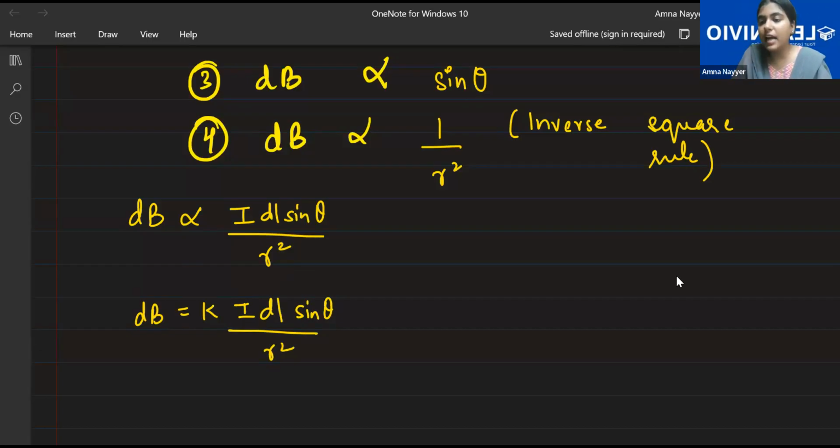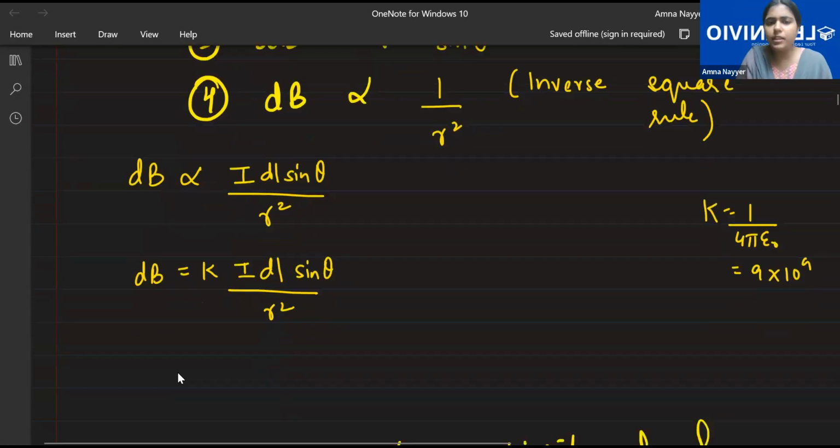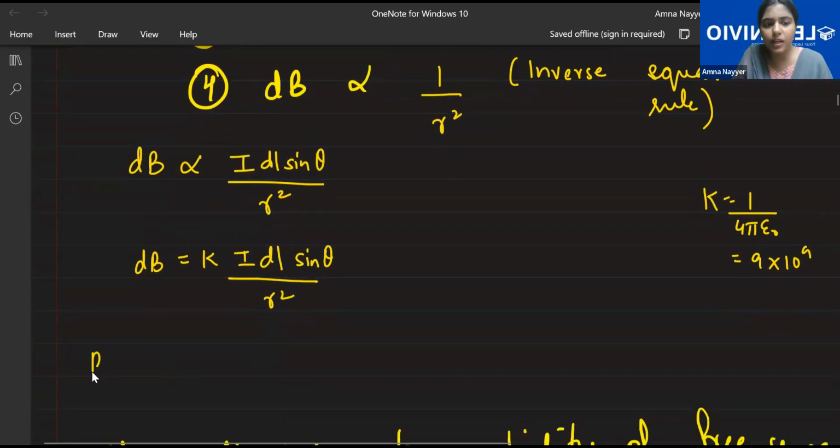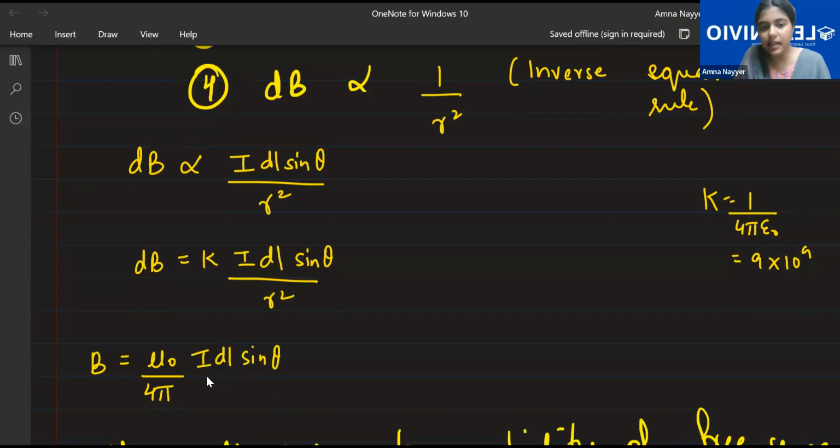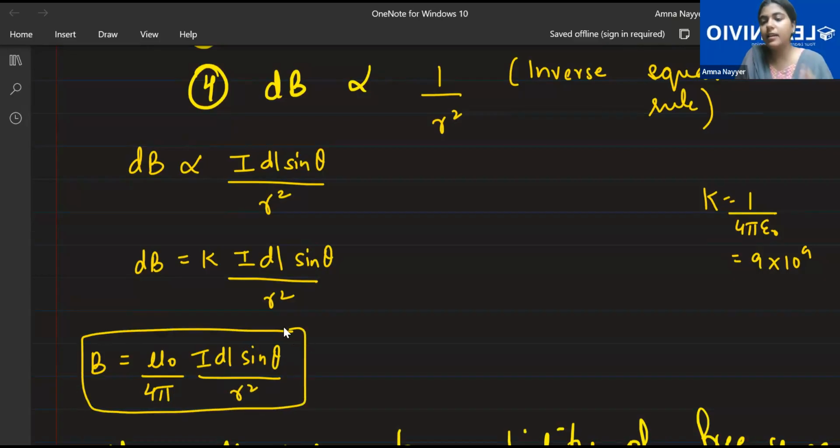The constant in electrostatics that we have studied was 1 over 4 pi epsilon naught, whose value was 9 into 10 to the power 9. Now the constant that we get, in fact I'm removing this dB also so we can write a proper formula: magnetic field is mu naught divided by 4 pi into I dl sine theta divided by r square. This is the actual final formula of Biot-Savart law.